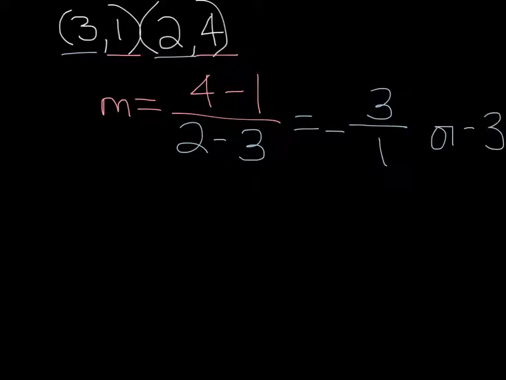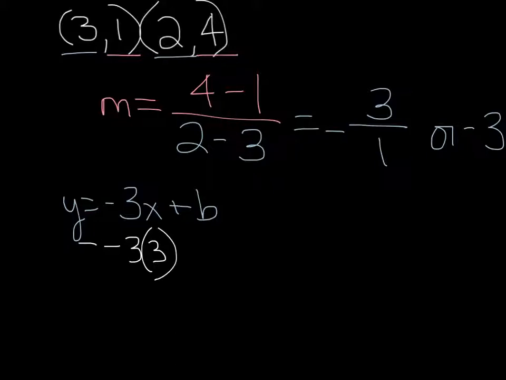So now we plug in our points. You can use either set of points to plug into the formula to figure out your b. So let's just choose the first set of points. So I have -3 times 3. I use 1 for my y, and then I have my b.